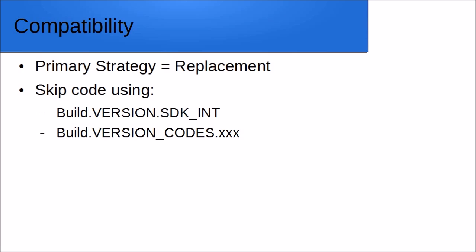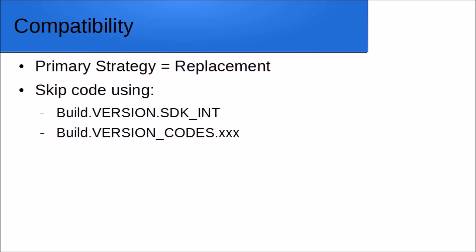So the final topic for this particular video is about compatibility. The primary strategy for compatibility is to use replacement components. So the problem here is that Android has a lot of versions, and some components are only available in certain versions of Android. So to maximize the compatibility, you would use a component that's available in as many versions of Android as possible.